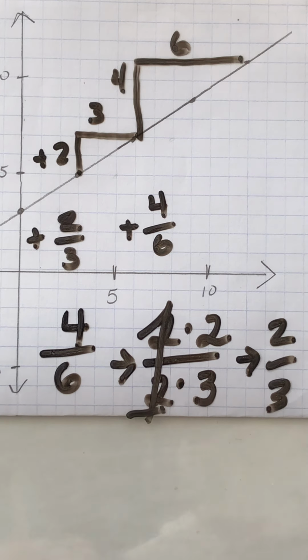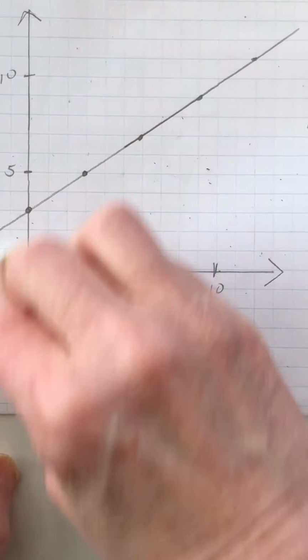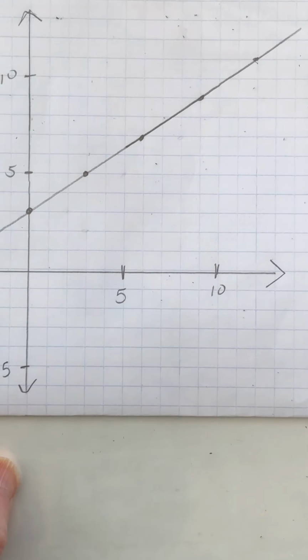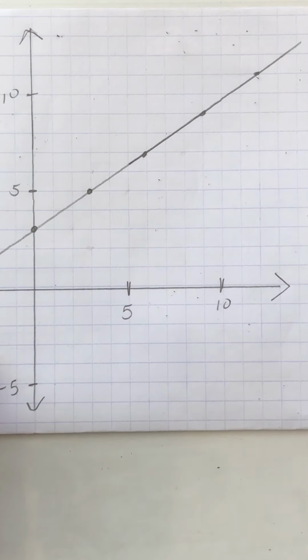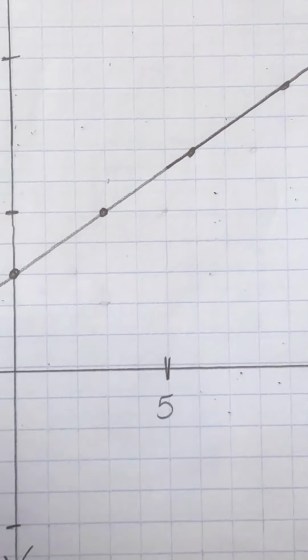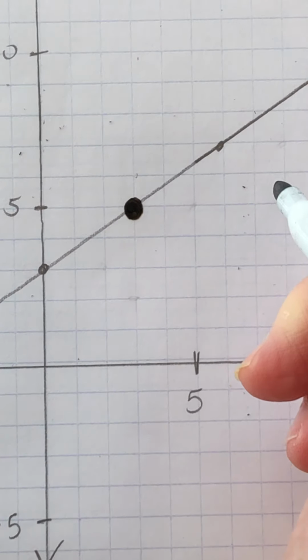So now I'm going to erase all of this. And now what we're going to do is take actual points, actually locations on the grid, on the line, and so actual data points. So ordered pairs, an XY pair.